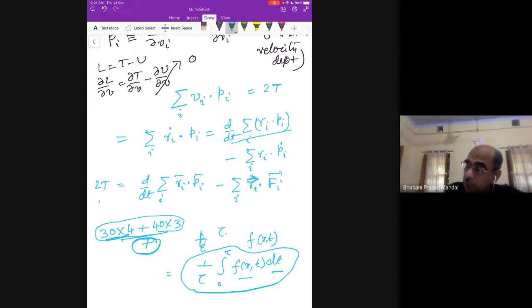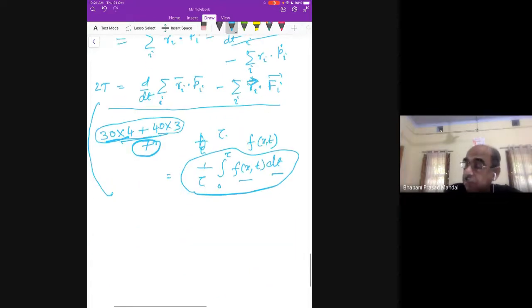Now I'm going to take a time average of this equation. This is my equation. On the left hand side I'll not do anything, but I'll put a T bar.